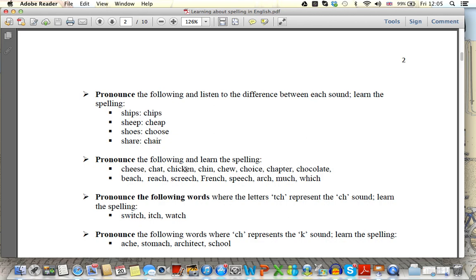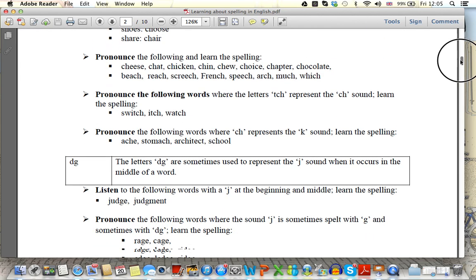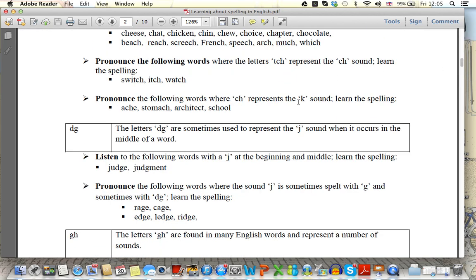And you have many other examples here, both initially at the beginning of words and at the end of words. Now also, this sound can be represented with a tch, as in switch, itch, and watch. Sometimes, however, the letters ch represent a k sound, as we have in ache, stomach, architect, and school.